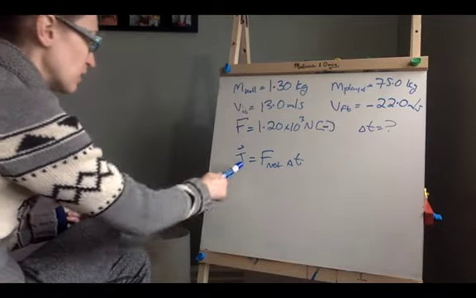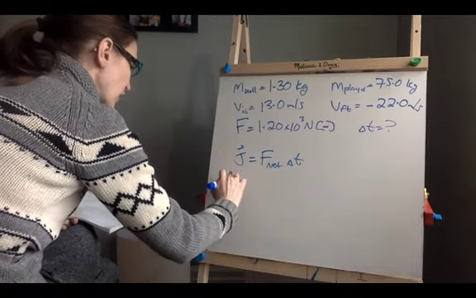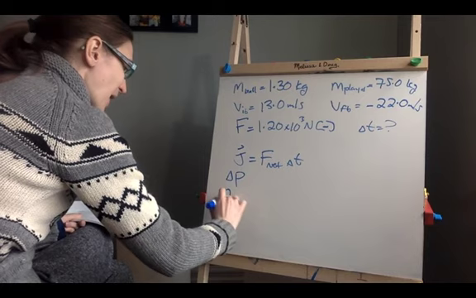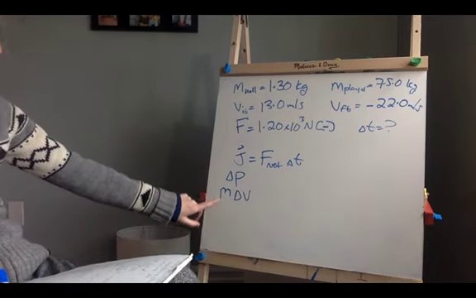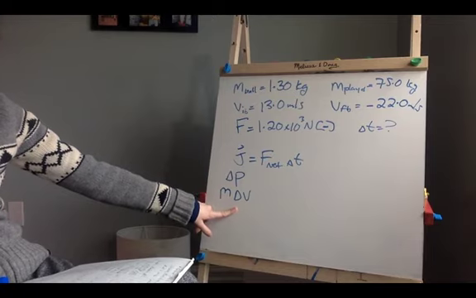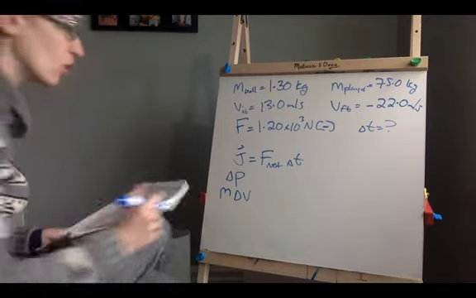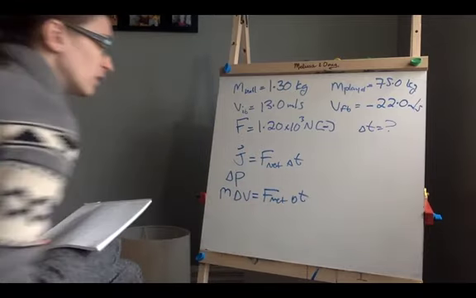The fact that impulse is the same as the change in momentum, right? Which is the same as mass times the change in velocity, or m times v2 minus m times v1, or mvf minus mvi. So this is what's equal to our F net delta t.